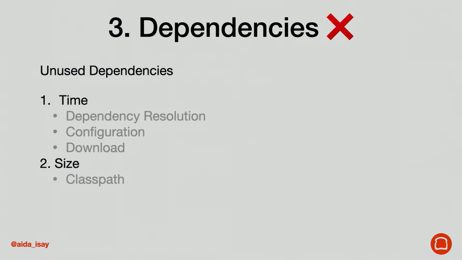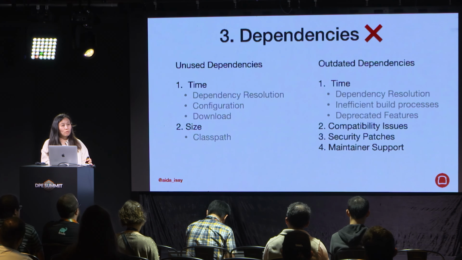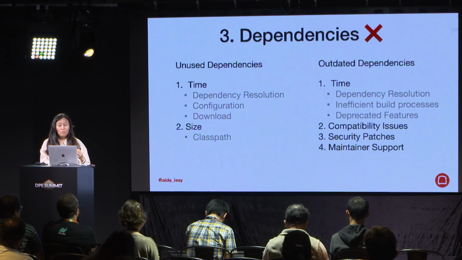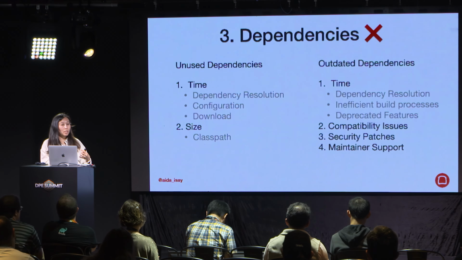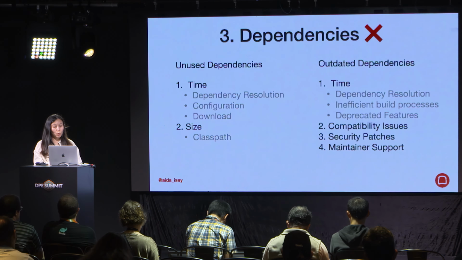Besides unused dependencies, there's also the area of outdated dependencies that again adds up to the build time, right? So we're looking again at issues with dependency resolution, because if dependencies are outdated, it might complicate the resolution process. Gradle might spend more time looking for the new version, maybe the new version is sitting in a new repository, right? Gradle needs to resolve all these conflicts, pull that new version down, pull that old version, download it, and resolve along the way, right?